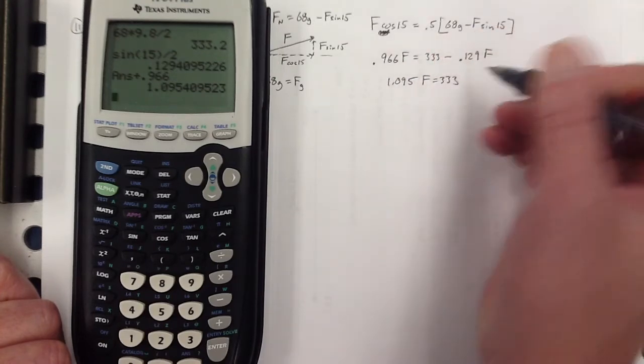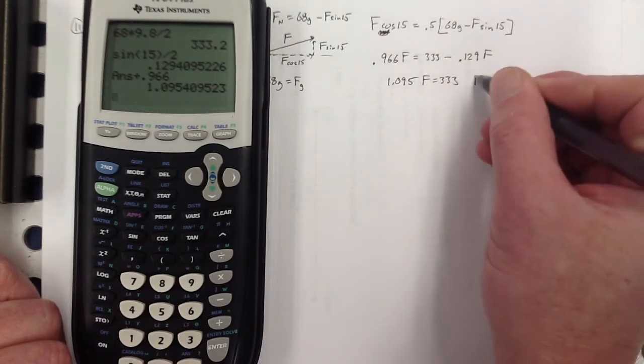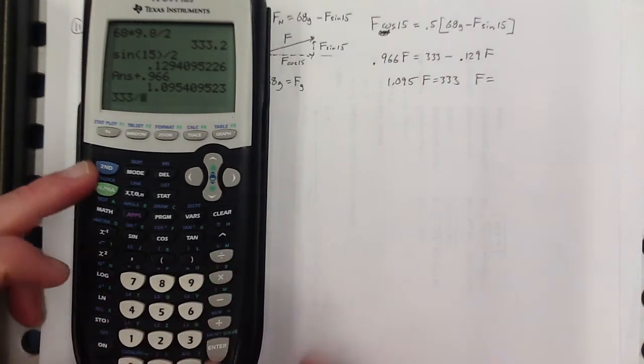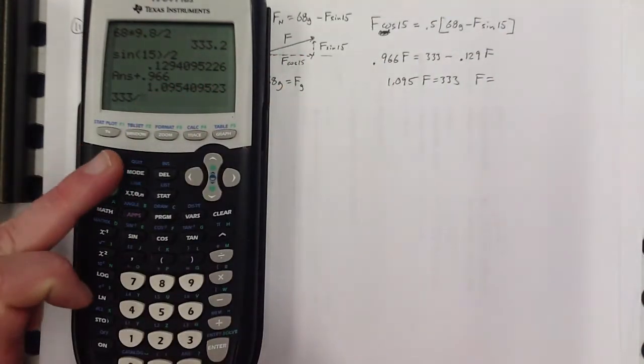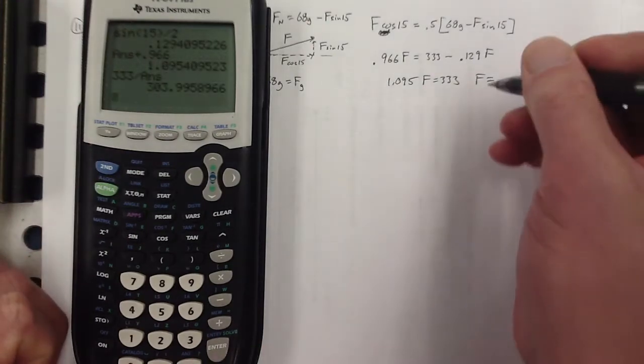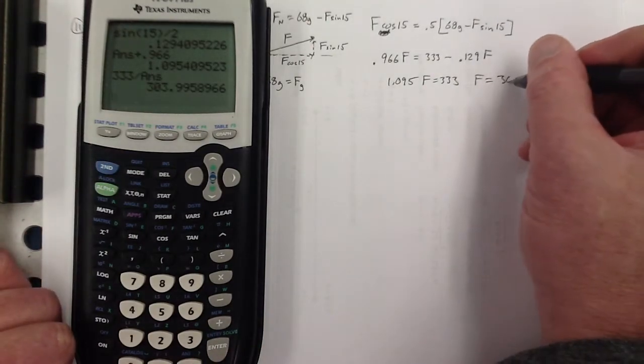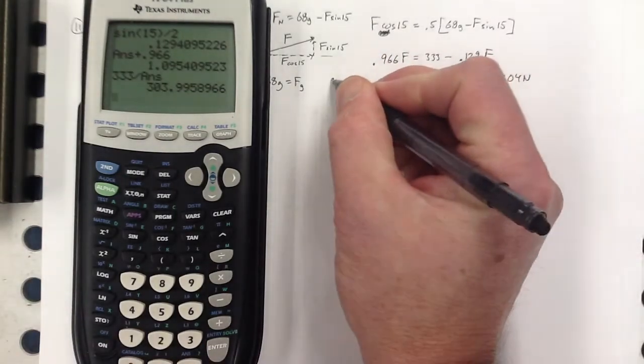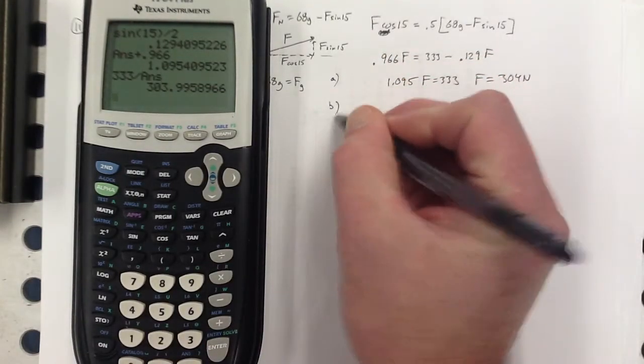Oh, I lied there. I kept an extra sig fig. Oh well. So that unknown force is 333 divided by that. It's about 304 newtons. That's part A.